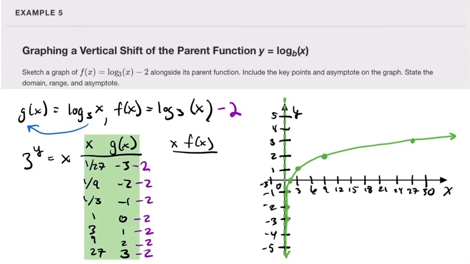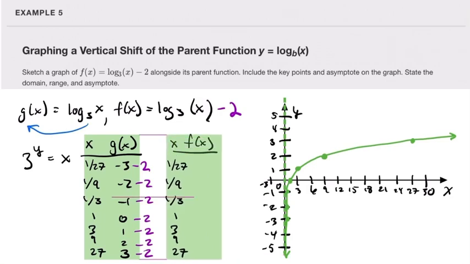So then I am just going to go ahead and copy and paste. With those x values, we have these new y values. Those x values now correspond to negative 5, negative 4, negative 3, negative 2, negative 1, 0, and 1, right?